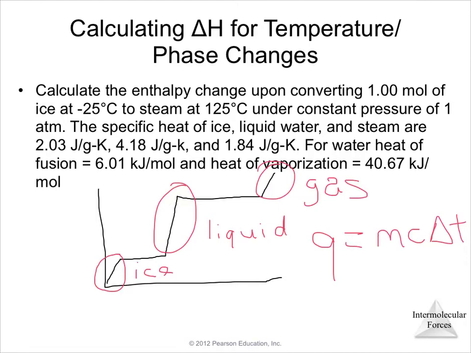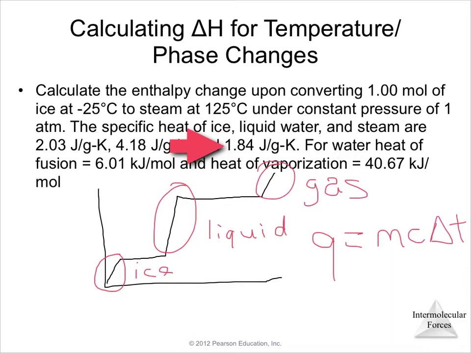So when I'm using the solid, when I'm looking at ice and trying to find Q equals MCAT, I'm going to use the 2.03. When I'm trying to find the Q during the liquid phase, I'm going to use C as 4.18. When I'm trying to find the energy for the gas phase, I'm going to use C as 1.84.